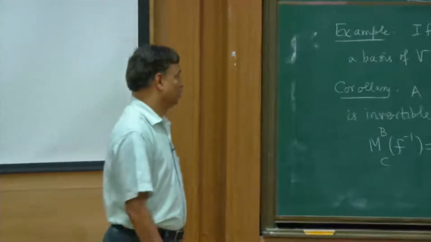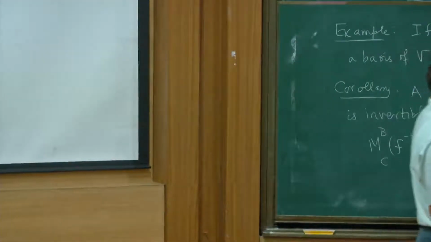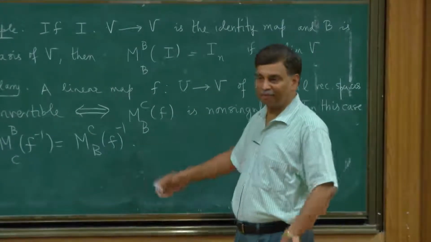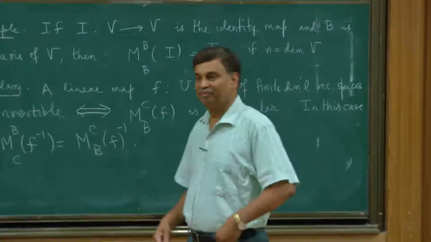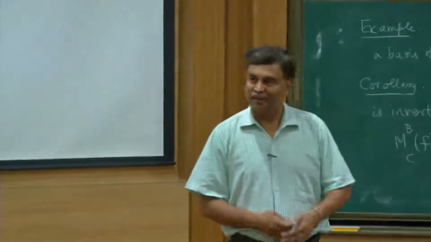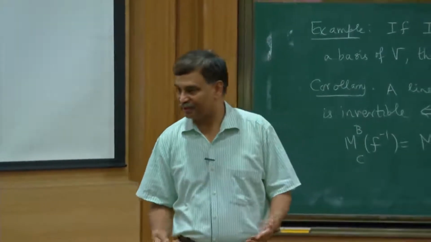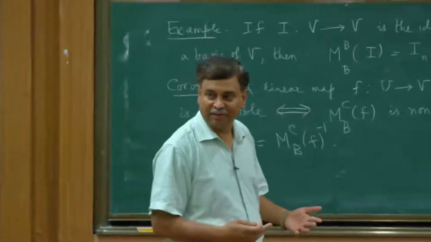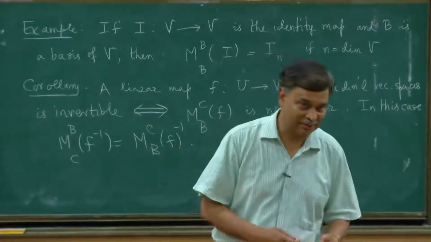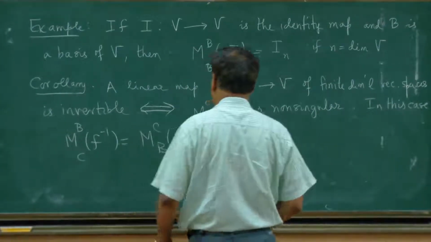So invertibility of a linear map as a function is the same thing as the matrix being invertible in the sense of matrix theory, which, as you probably know, is the same as saying the determinant is non-zero, the rank is equal to n, Ax equal to 0 has only the trivial solution, Ax equal to b has a unique solution, etc. Very good.